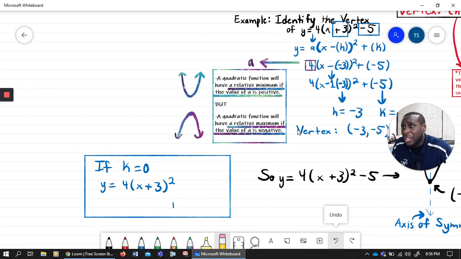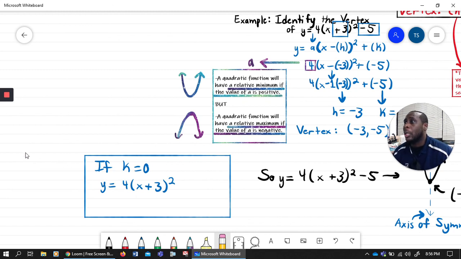It's understood that if you're adding 0 to something, there's no need to actually write plus 0. Why would I write 3 plus 0 instead of just writing 3? There's no need to do that. All right, so that's how this same equation would look if your k value was 0.